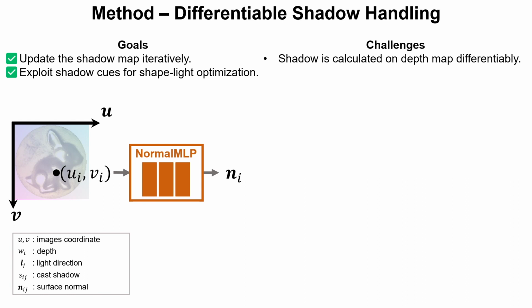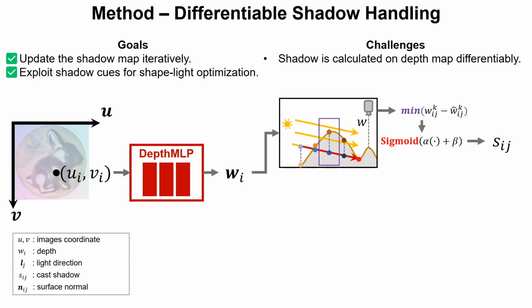To achieve this, a depth MLP is employed to predict the depth value of a surface point, which describes the distance from the surface point to the camera. The cast shadow of the surface point is then calculated using this depth value, and the sigmoid function ensures differentiability.